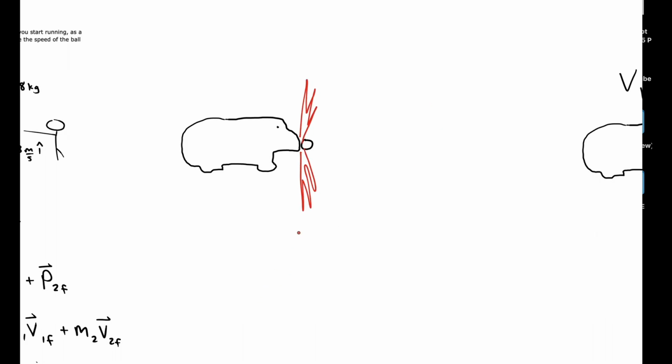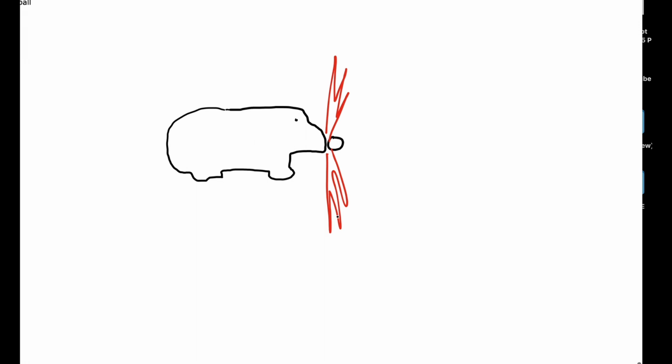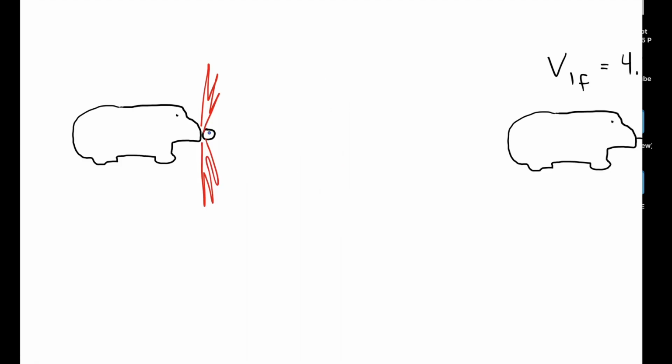But that doesn't mean that the Rhino pushes harder on the ball than the ball pushes on the Rhino. That's very counterintuitive of a concept. Okay, but by Newton's third law, we showed in the past that it's true that they exert the same forces on each other. Otherwise, Newton's third law would not be obeyed.